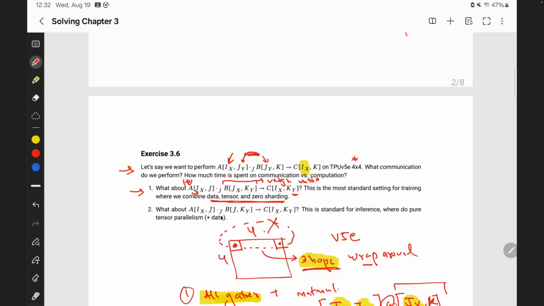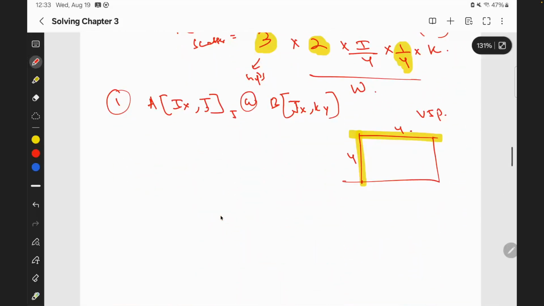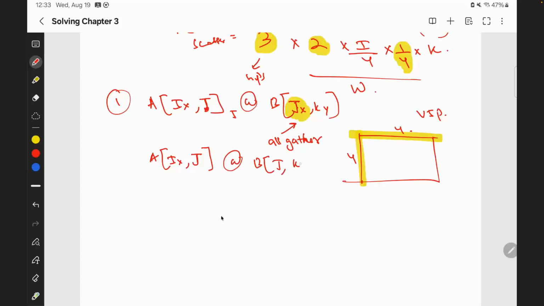If you look at this, if you have to do this, you have to all gather. So if I go back here, this is Z. Here you have to do an all gather, and then if you do an all gather here, this is IX,J, and you have to do an all gather here, this is J,KY, and you get the result IX,KY.